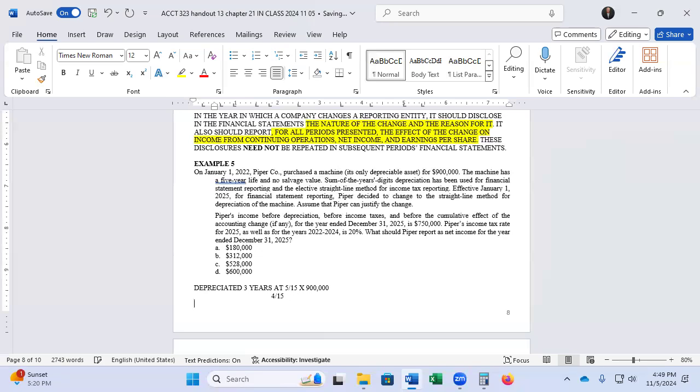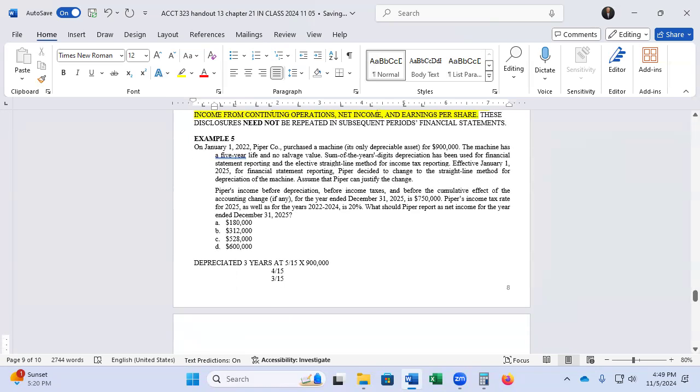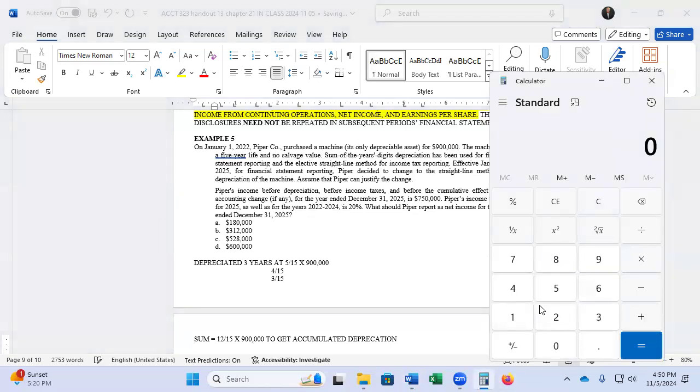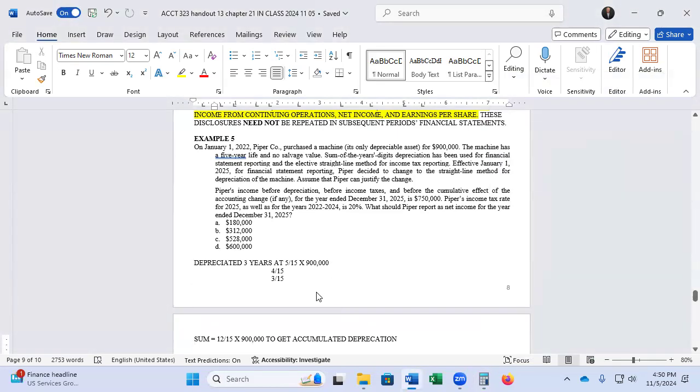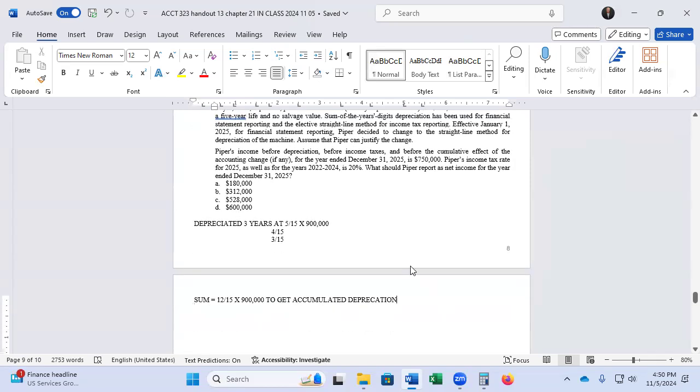So 4/15 and then 3/15. And so what they do is they add all those up. 12/15, and they multiply that by 900,000 to get accumulated depreciation. And that's 720,000.